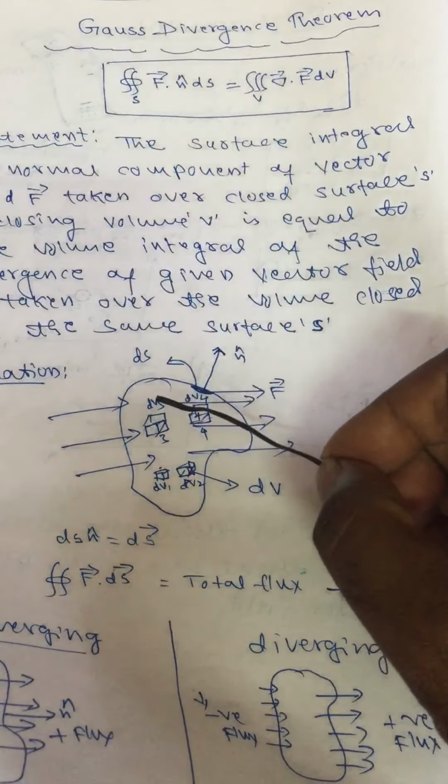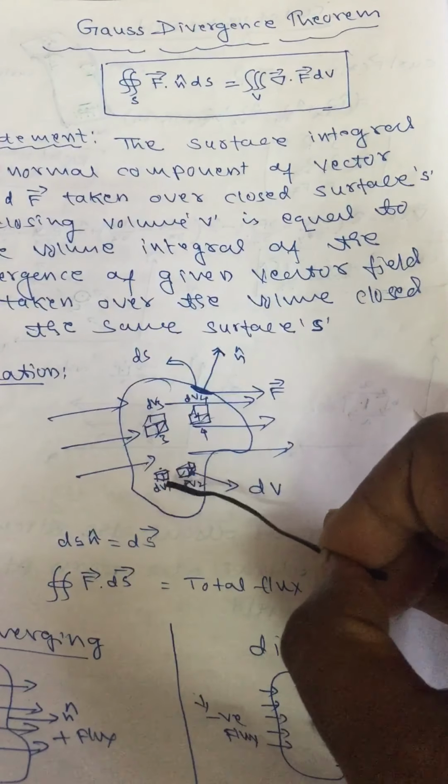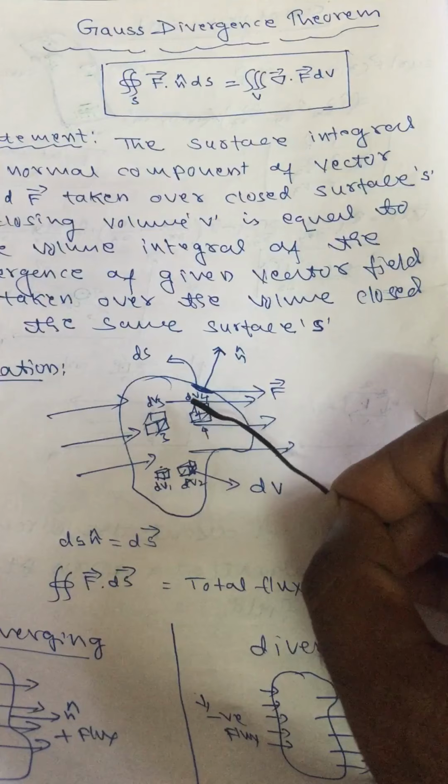Similarly, this surface is made up of a number of volumes. You say dv1, dv2, dv3, dv4, isn't it?